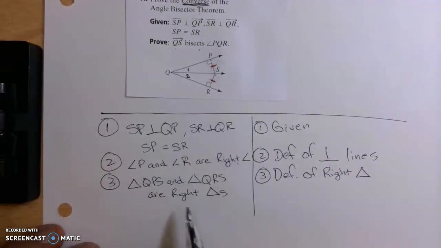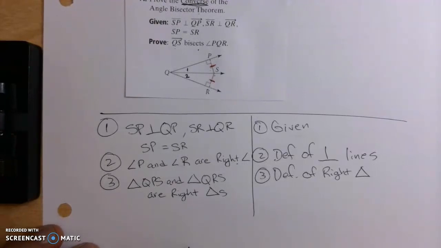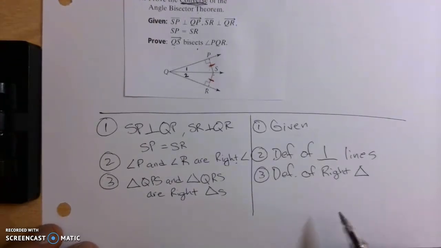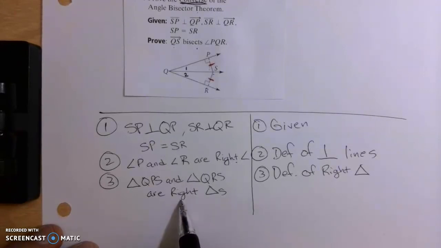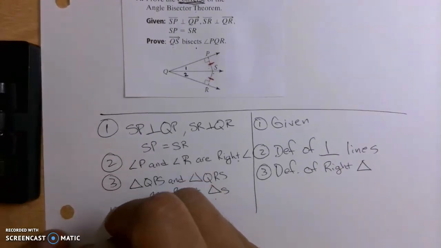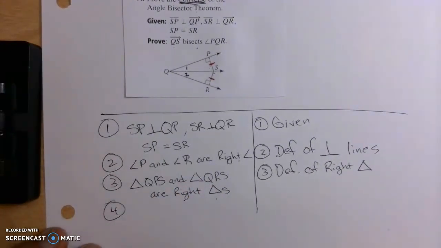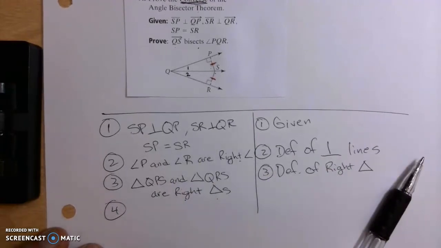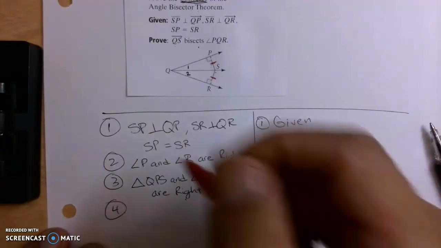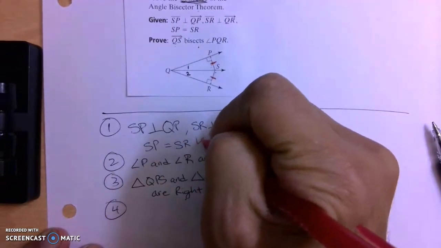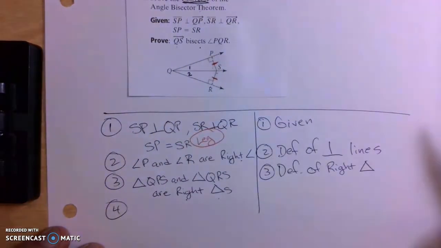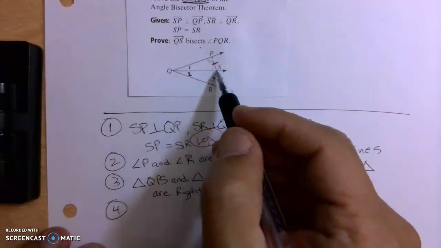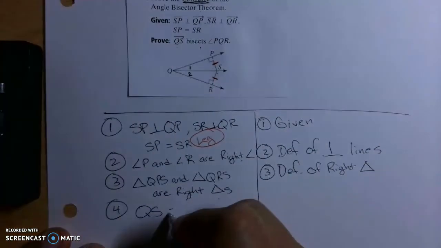Now the reason why I want to have step 3 there is because I'm going to use hypotenuse leg. And the only way you can have hypotenuse leg is if you mention you've got right triangles there. So next, I've already got SP equals SR from the given. This is actually the leg. And I'm now going to say QS is equal to QS.